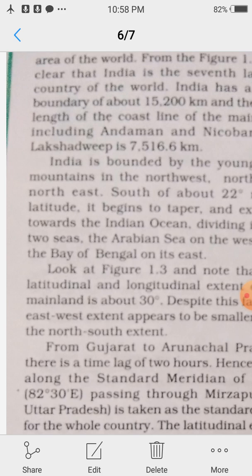Look at Figure 1.3, which is on page number 3.